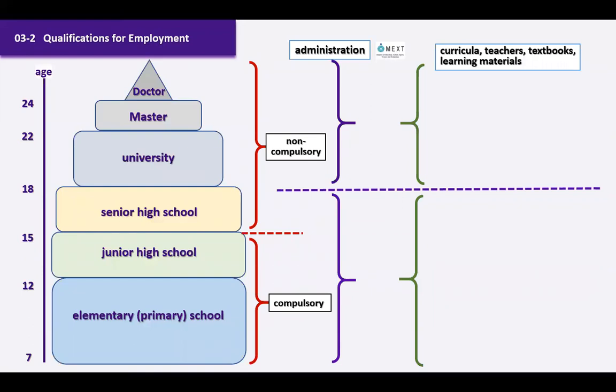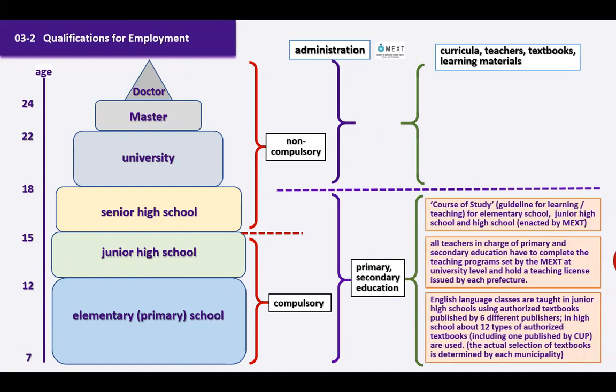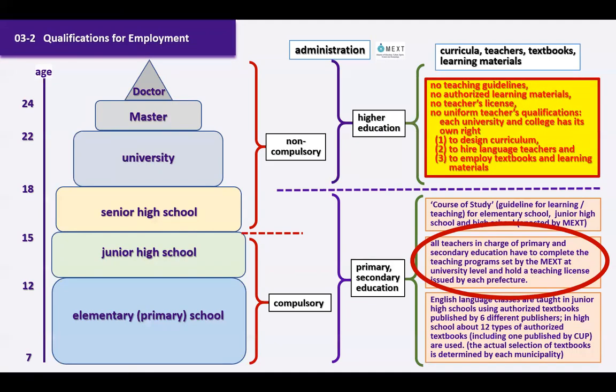Let me remind you again here. As we saw earlier, to become a teacher in elementary and secondary education, qualifications were required, including a teacher's license. But universities that are categorized in higher education have, in a sense, no formal qualification criteria whatsoever.